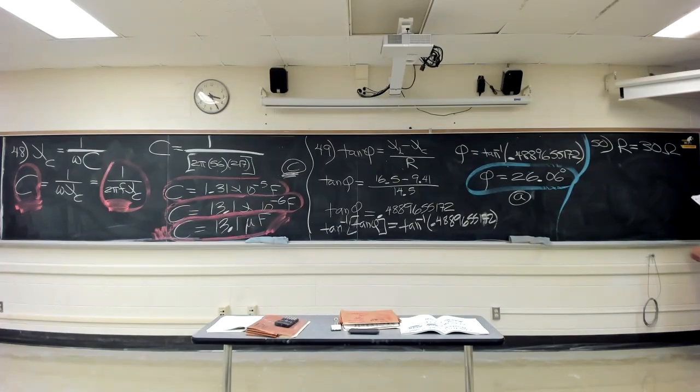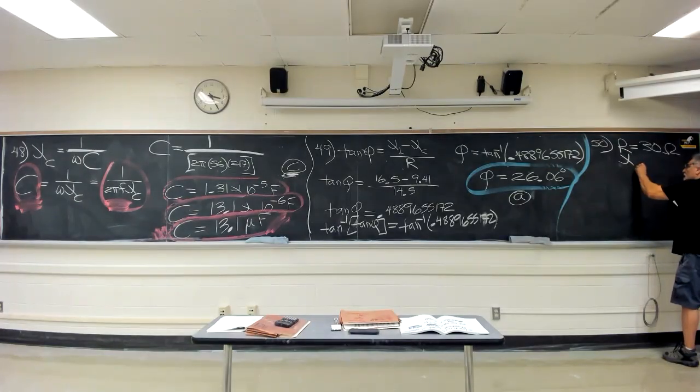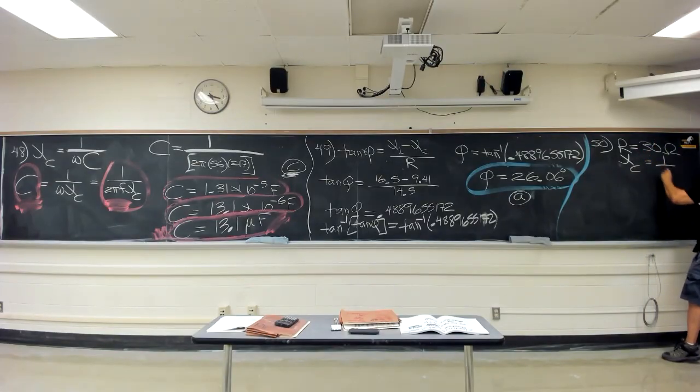R equals 30 ohms. X sub C, just for the record, we won't put an actual number here, though we can find the number, certainly.